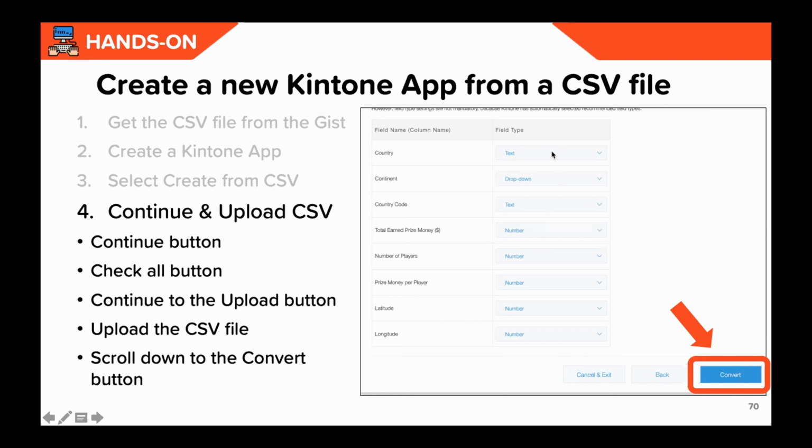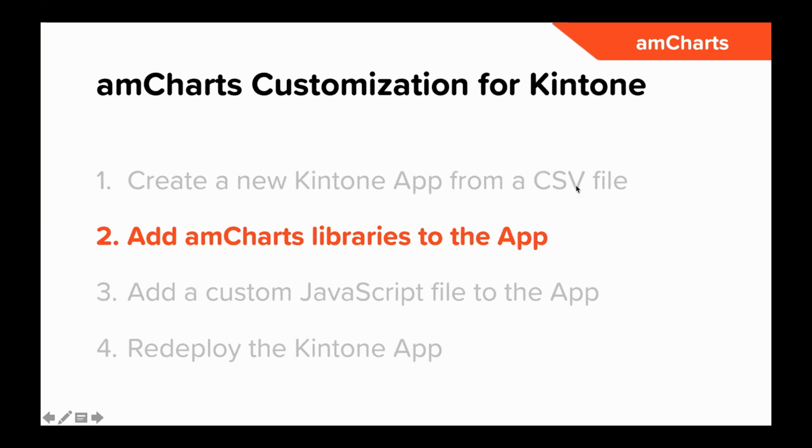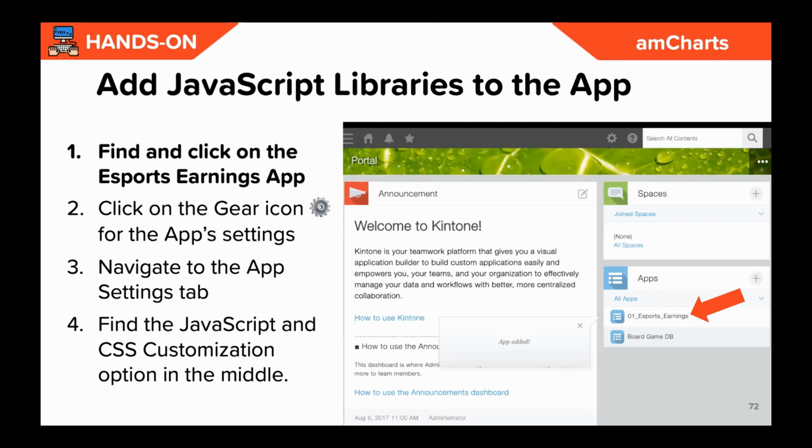All of these mappings are correct and don't need to be modified, but if you're uploading a file in the future for use elsewhere, you could mess with these mappings if you needed to. Instead, you're just going to click convert, and that's it. That's how you create a new Kintone app from the file. You'll know that you've done it because you'll be taken back to the portal, and there will be a new app, 01_esports_earnings.